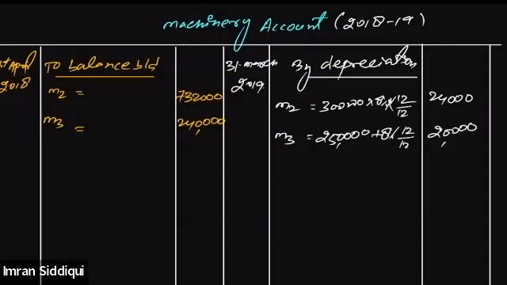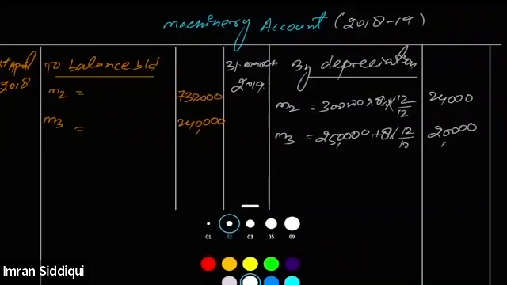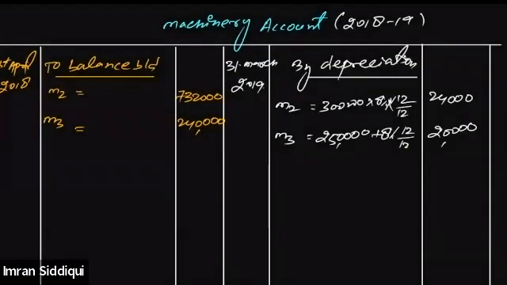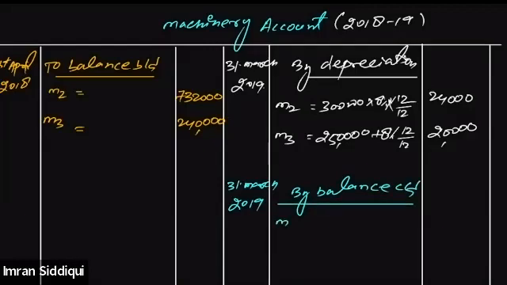Done, everyone. Now we'll find out the closing balance of this year. That will be 31st of March 2019, balance CD for machine 2 and machine 3.